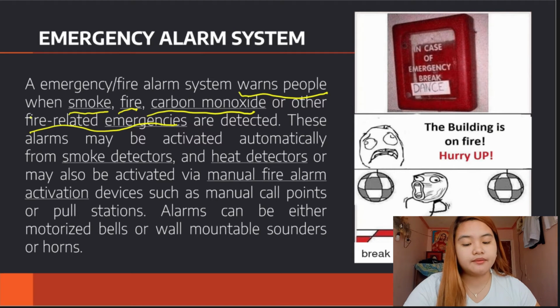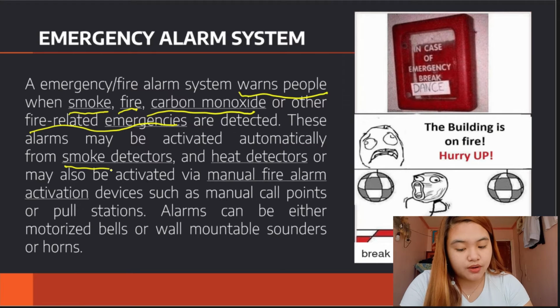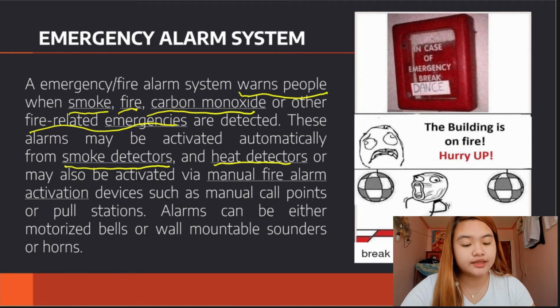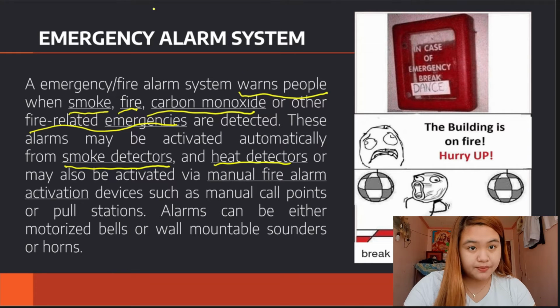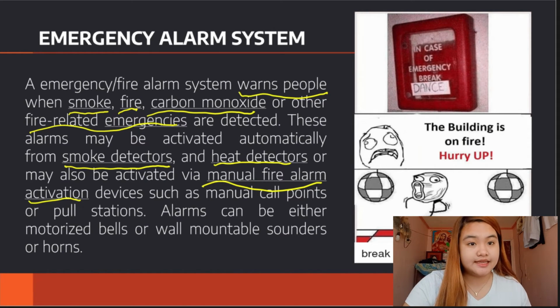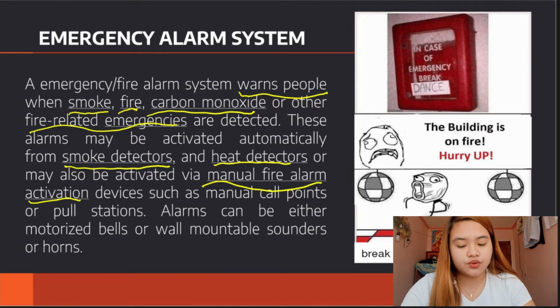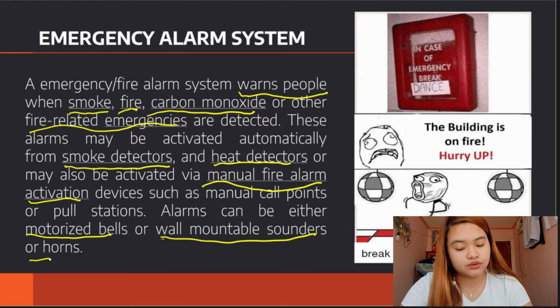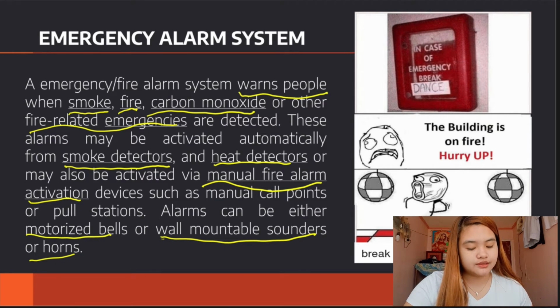These alarms may be automatically sensed by smoke detectors or heat detectors, or may also be activated by manually pulling the trigger, like the manual fire alarm activation often seen in schools. These alarms can be either motorized bells, wall-mounted sounders, or horns.